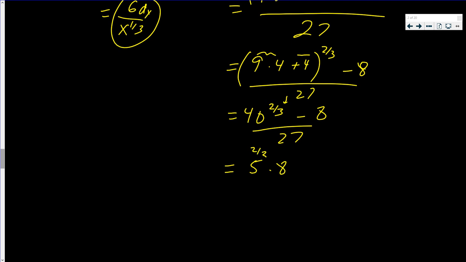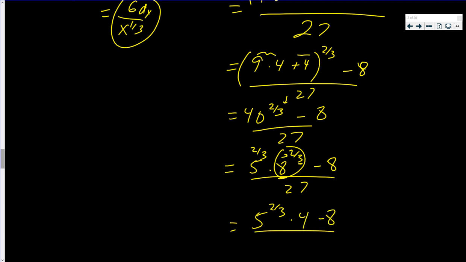So it's 5 to the 2/3 times 8 to the 2/3 minus 8 over 27. 5 to the 2/3, I can't really do anything to that. But 8 to the 2/3, that's 4. What times itself 3 times gives us 8? 2. Square the 2. You get 4. Minus 8 over 27.